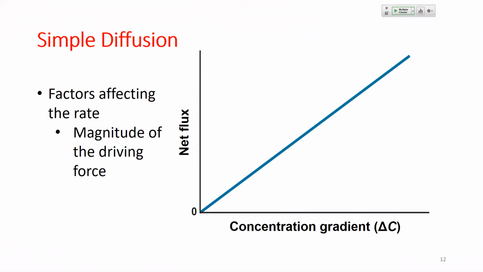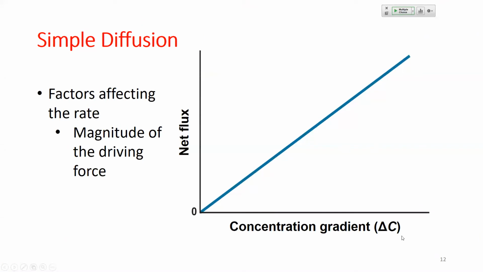So basically, what we just saw was that the magnitude of the driving force, how strong that concentration gradient was, is going to determine the rate of simple diffusion. If we have a higher gradient, which we saw in that first scenario, we're going to have a stronger movement, a faster rate of diffusion.